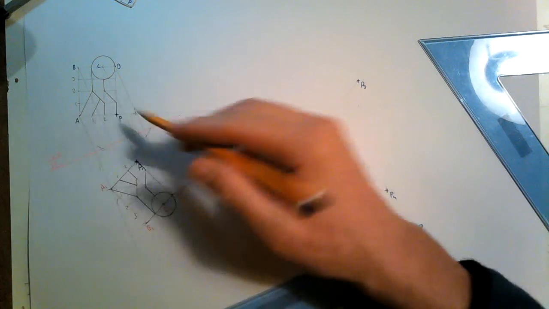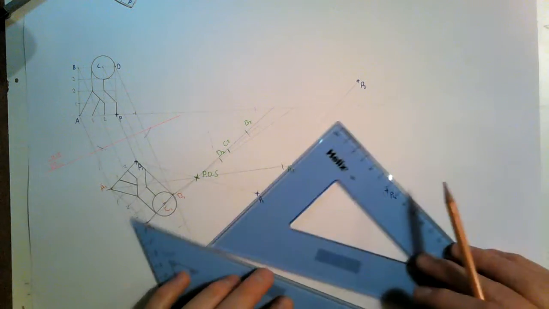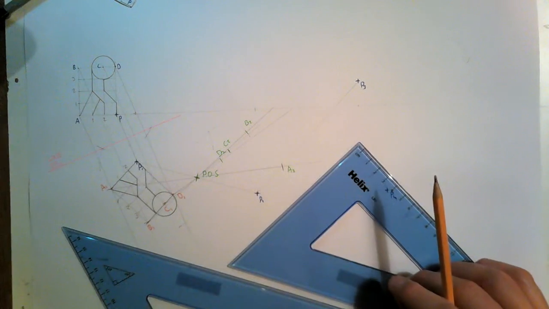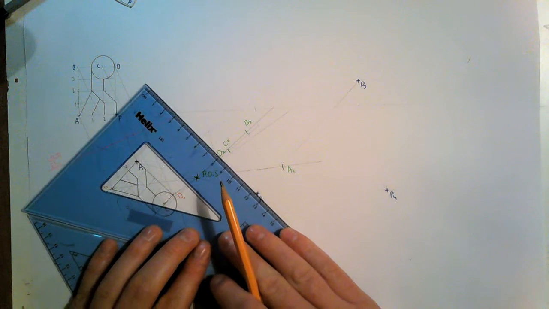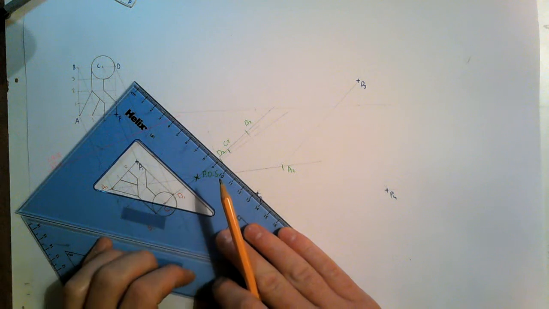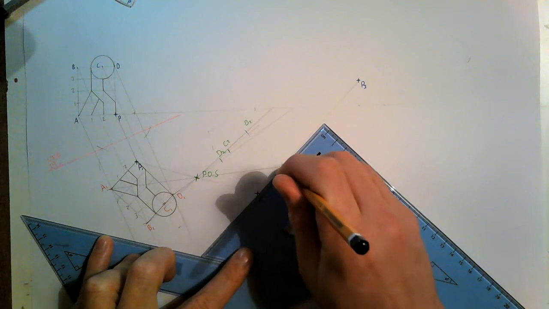So A goes to P, P goes to D, D goes to B, and B goes back to A. So we can do that here again. They're all working out.